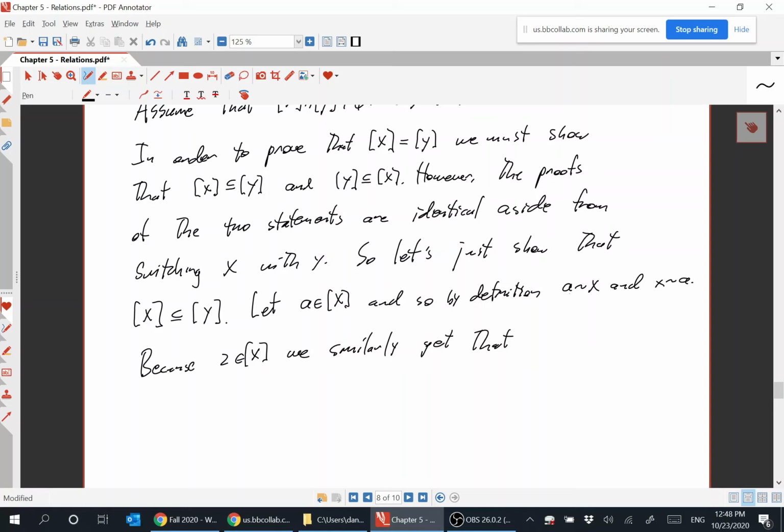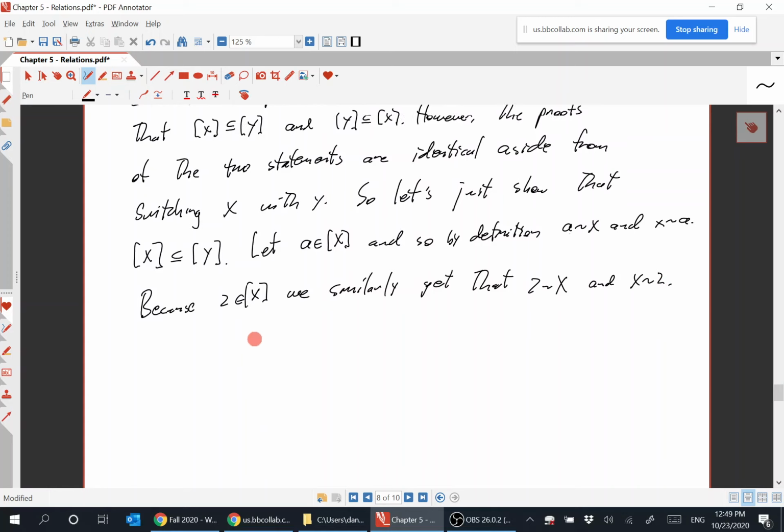By definition, because Z is in bracket X, what do we get? Oh, Z and X are related. Z is related to X, and X is related to Z by symmetry.